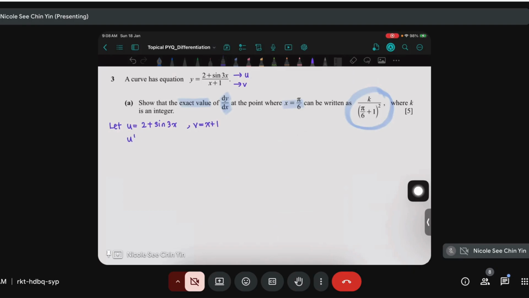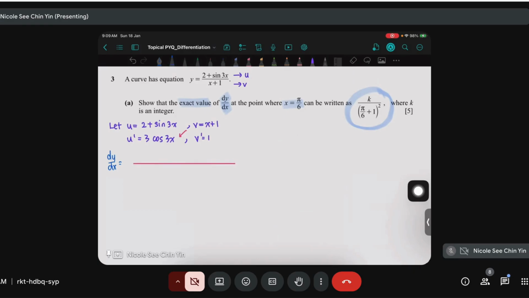So u prime is 3 cos 3x, and v prime is 1. Now we start to differentiate dy/dx. Quotient rule, so cross multiply.